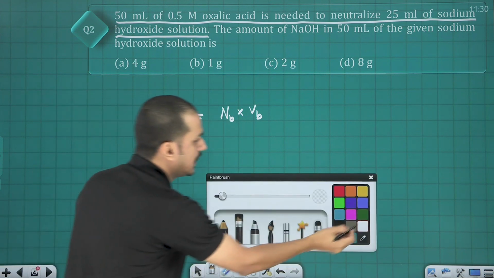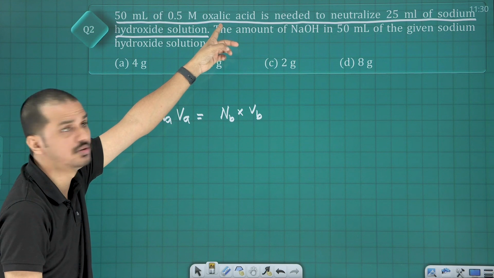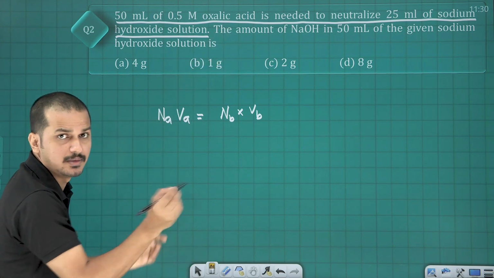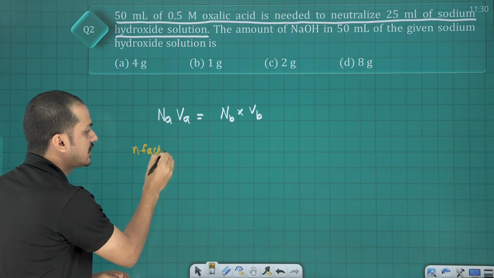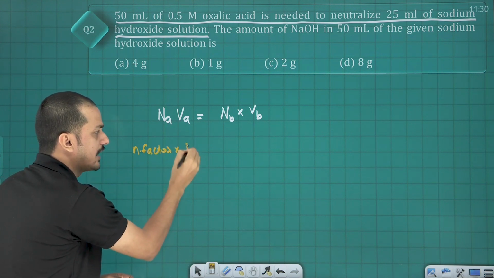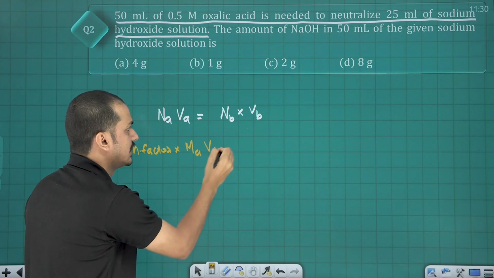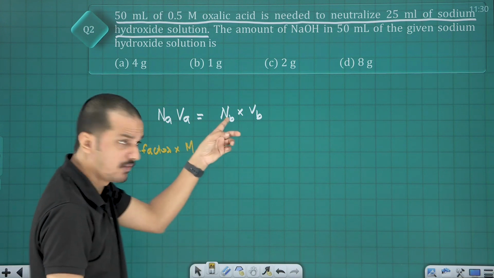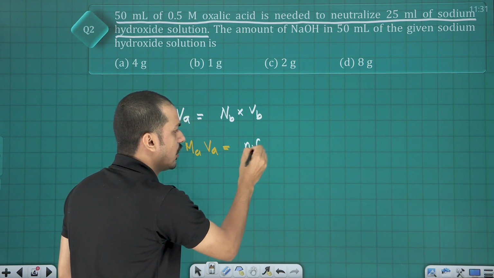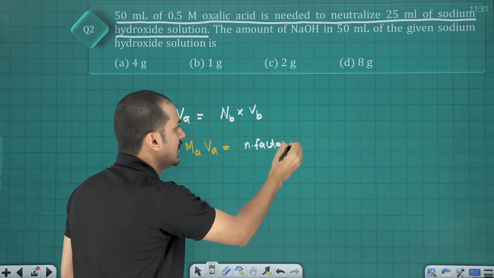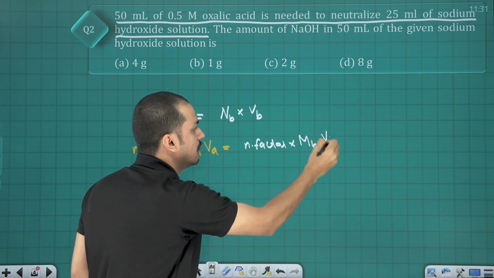Now let's look at the normality of acid, which is oxalic acid here. Normality means n factor into molarity of acid into volume of acid, that is equal to n factor of base into molarity of base into volume of base.